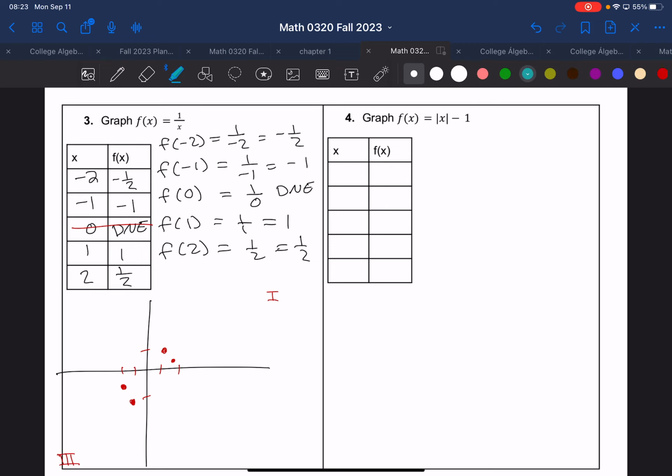So it's going to look something like this and like this. Obviously, if we had tried more points, larger numbers than 2 and -2, we would have had more points on this blue graph that I drew. But we know that 1 over x is going to be our reciprocal function.